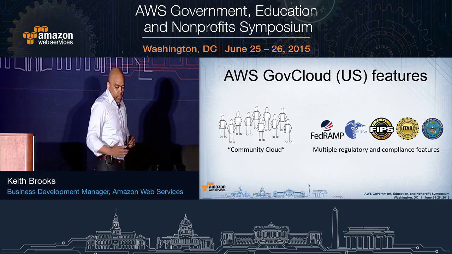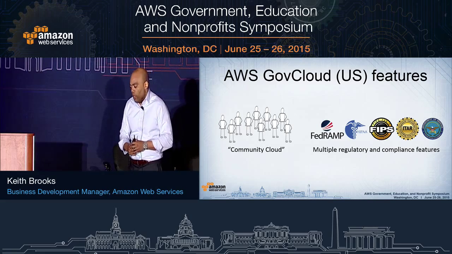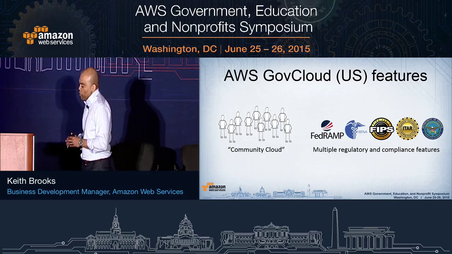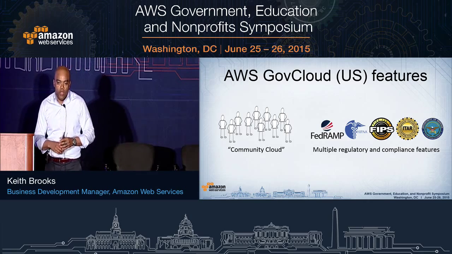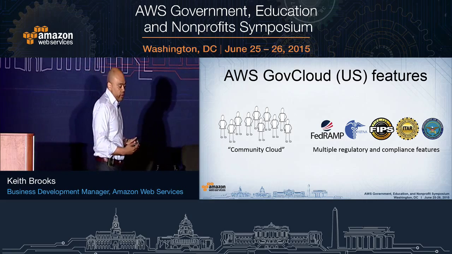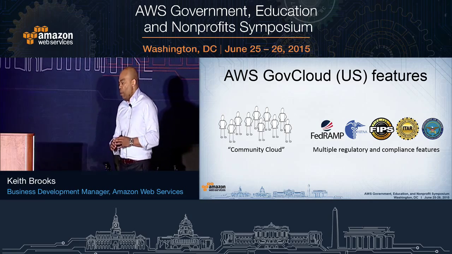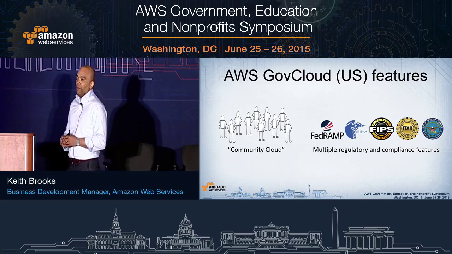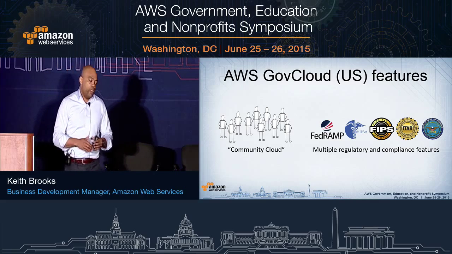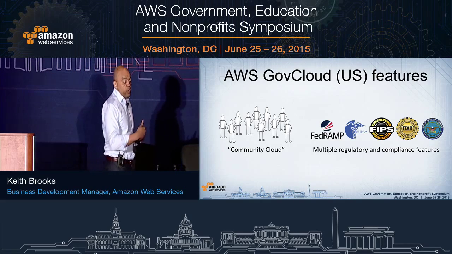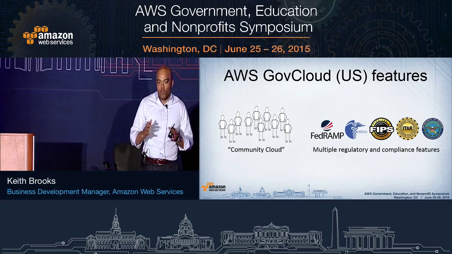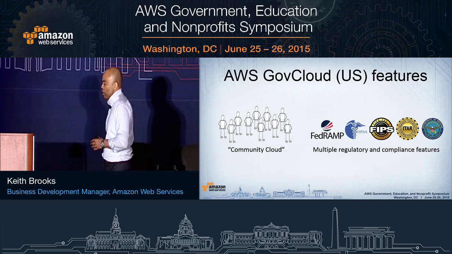As both Karen Arango and I walked through yesterday, there are some requirements before you can access the GovCloud region. The account holder has to be a US person working for a US entity on US soil, and you cannot be barred from handling export control data. That, in addition to the fact that we do additional vetting on our end once you submit your account requests, naturally creates this community cloud aspect of GovCloud.